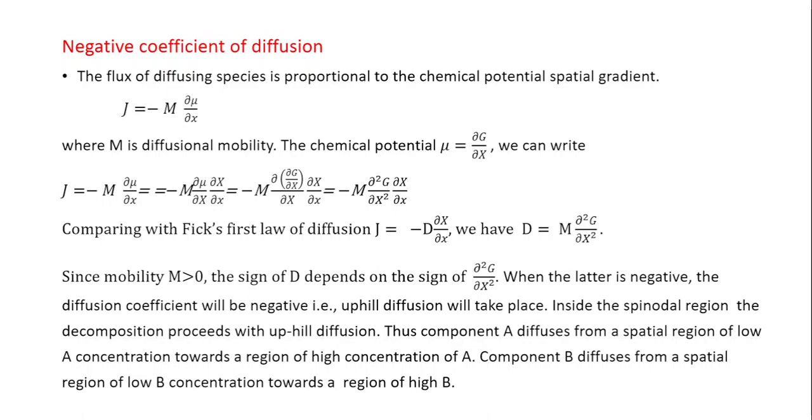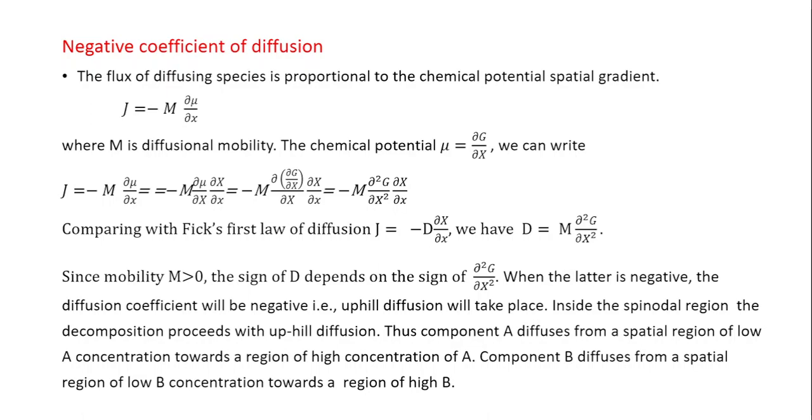Comparing with Fick's first law of diffusion, J equal to minus D ∂X/∂x, we have the diffusion coefficient D equal to M times ∂²G/∂X². Here the mobility of atoms is always a positive quantity, so it can be 0 or greater than 0.